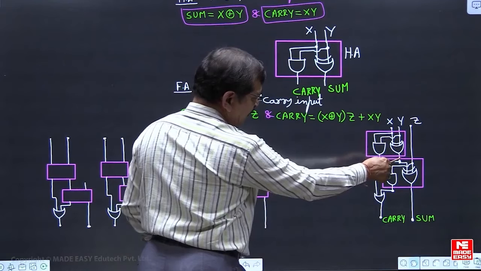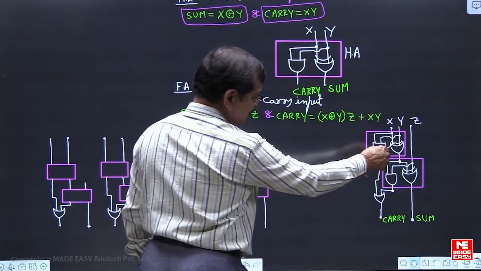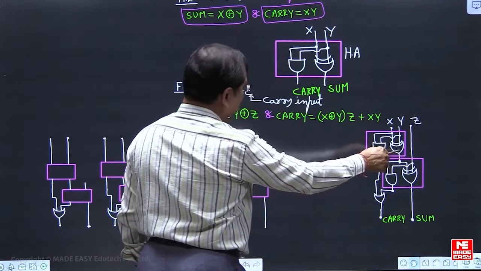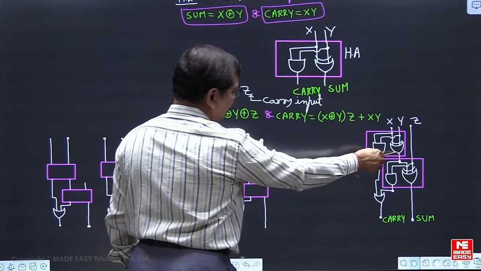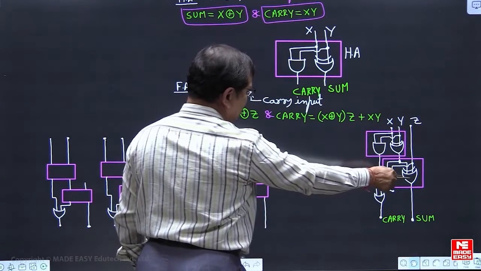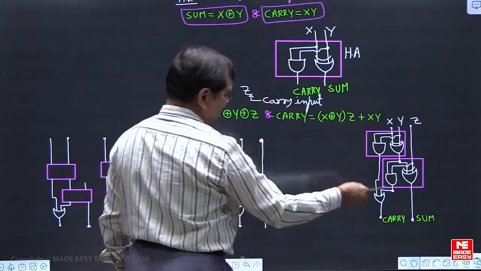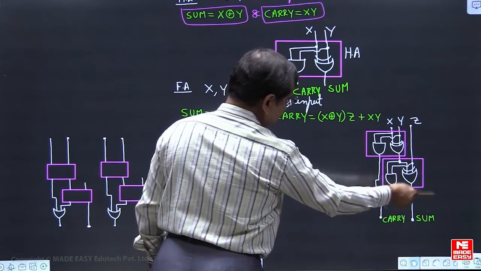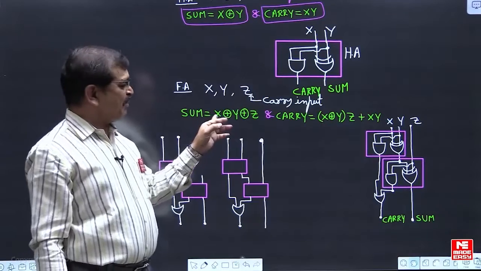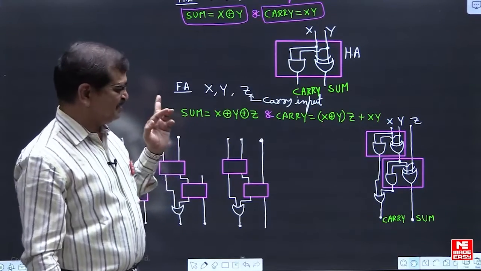So from the first half adder we get x XOR y as its sum output, and that is one input here. The second input to this exclusive OR is the carry input z. So the overall circuit's sum output is x XOR y XOR z.